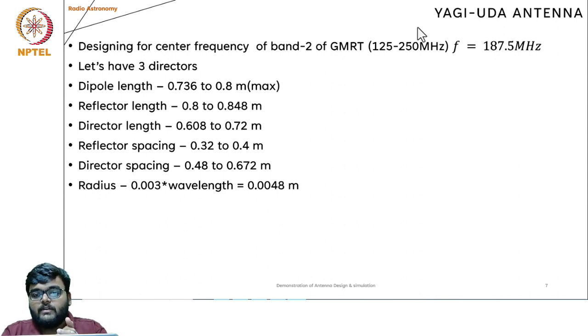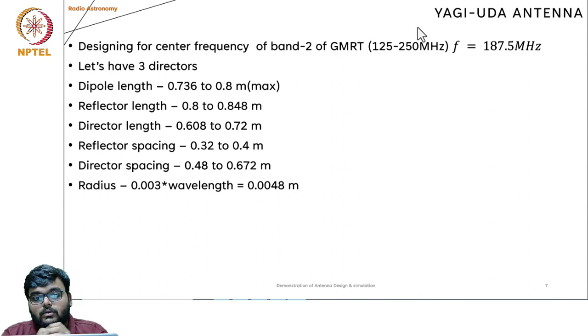From the previous experiment of dipole antenna, we got to know that 0.736 lambda is giving perfect antenna resonance, meaning the resonance of the dipole is as we want. Now we will see how a Yagi-Uda can be made for the same frequency.